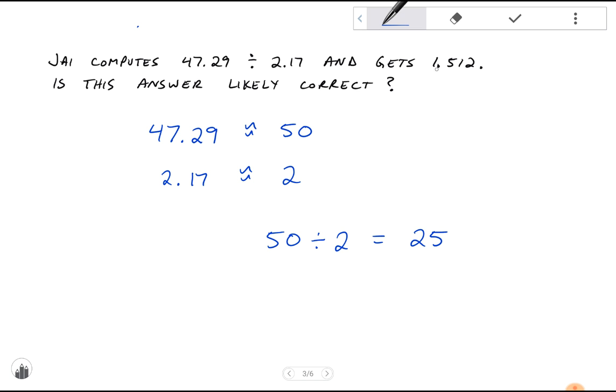So this number here, 1.512, that Jai got with his calculator, is not close to 25. So it must not be correct. The answer really is going to be somewhere hovering around 25. So we can use estimation to see if our calculation is in the right ballpark. If it is, then it's likely the right answer.